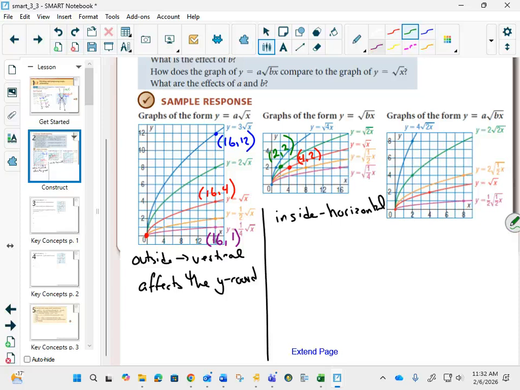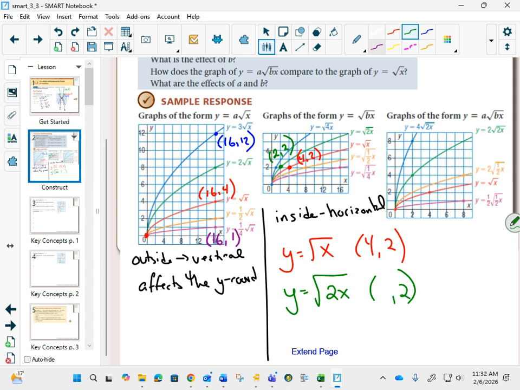The reasoning is if you're changing your x value, so let's just look at our square root of x. What would you have to plug in to get 2? 4. So if I plugged in 4, I would get 2. Now I look at the green graph. What would I have to plug in now to get 2? Because my y is not going to change.